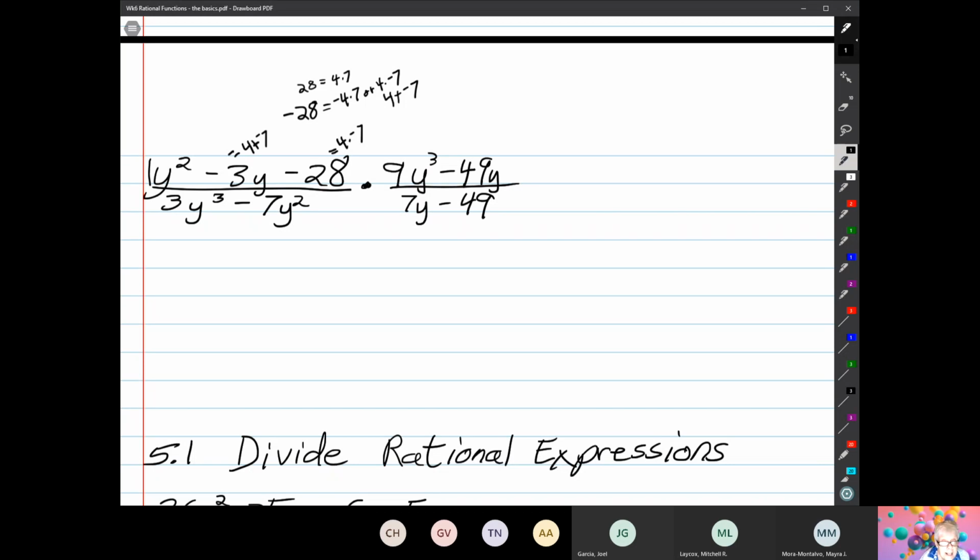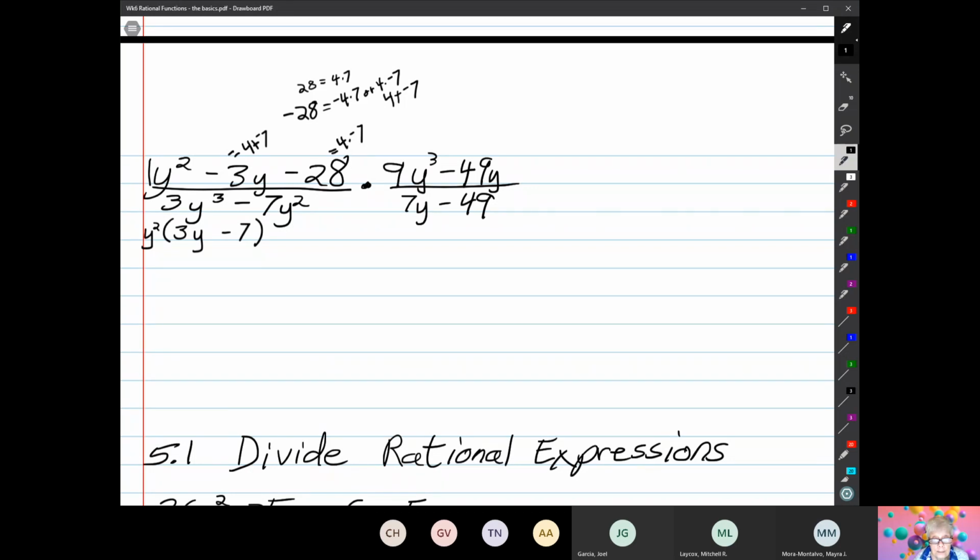So we can factor this by GCF and make it y squared times 3y minus 7. And the way you check yourself is to redistribute the y squared. Y squared times 3y would be 3y to the third, and y squared times minus 7 would be minus 7y squared. So yes, I did do that correctly.